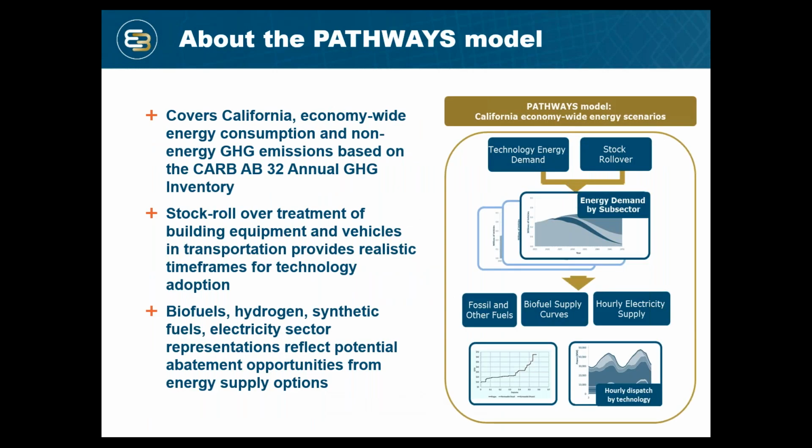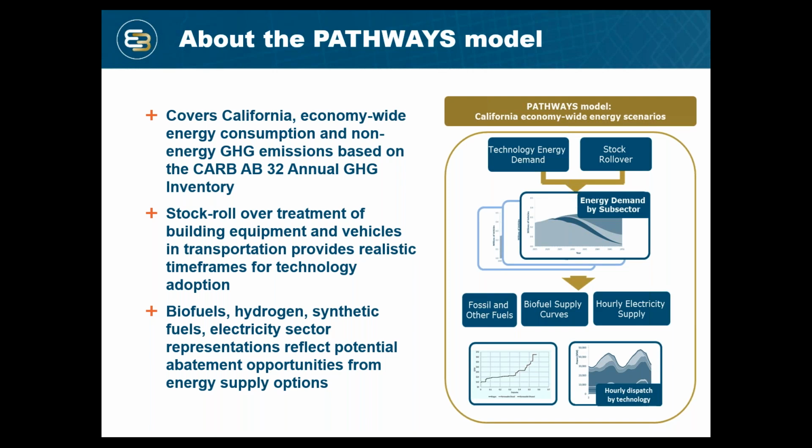The modeling framework that we use for this work is called Pathways. It's an economy-wide energy systems model of California's energy demands at a pretty granular level. We look at technology by end use in buildings and transportation.